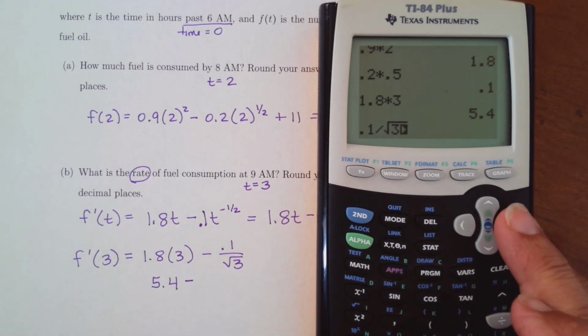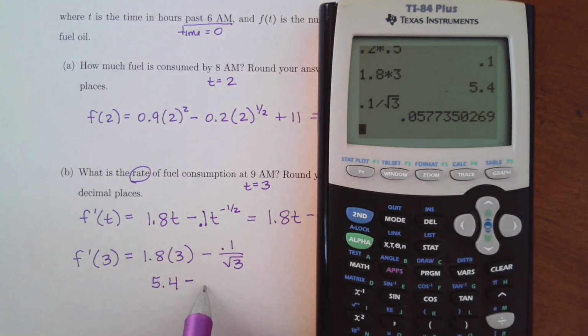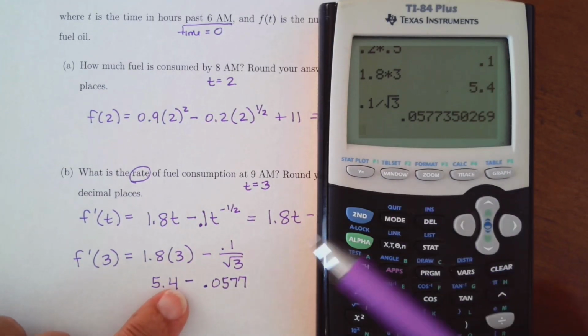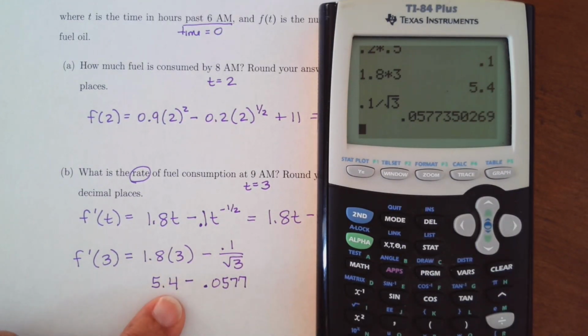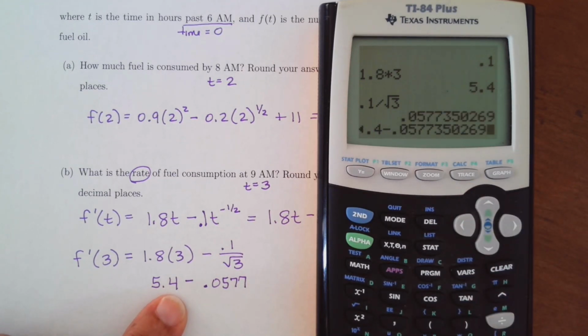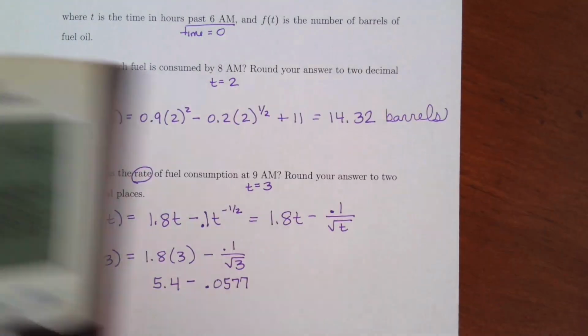So 0.1 divided by the square root of 3 is 0.0577. I'll leave it there. And so I'm going to do these two numbers. So I'm going to just do 5.4 minus, and then remember on your calculators you can just copy and paste. You don't have to keep typing that over. So 5.4 minus that is 5.34, rounded to two places again.